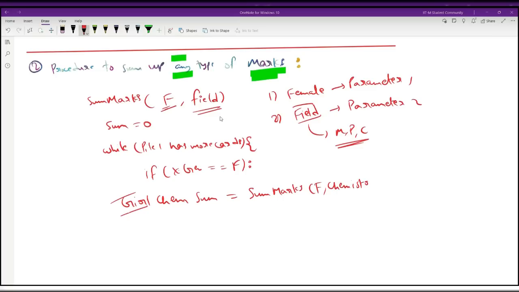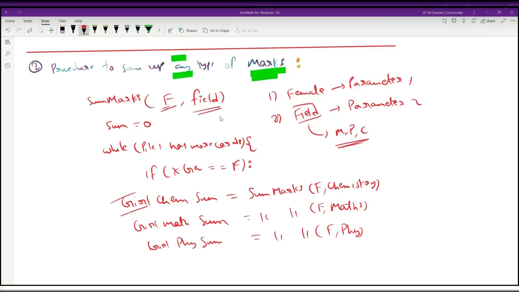And again, girl maths sum: sum marks F maths. Girl physics sum: sum marks F comma physics. Right?